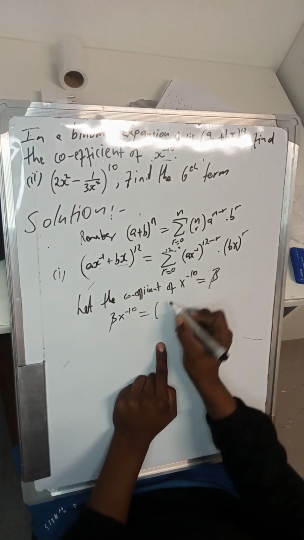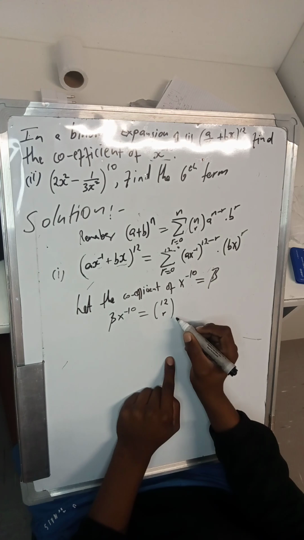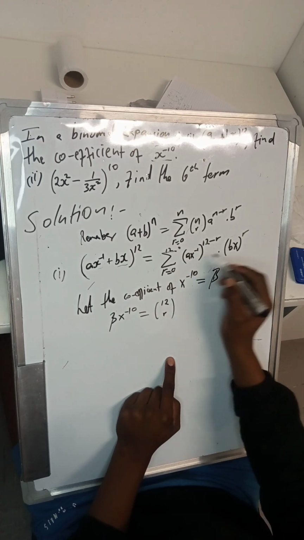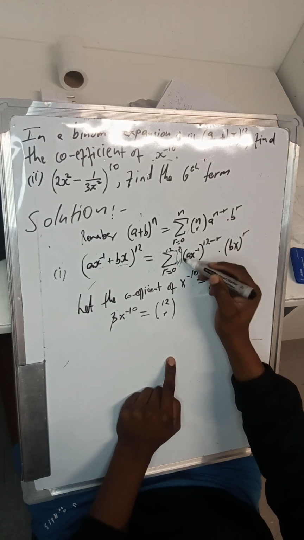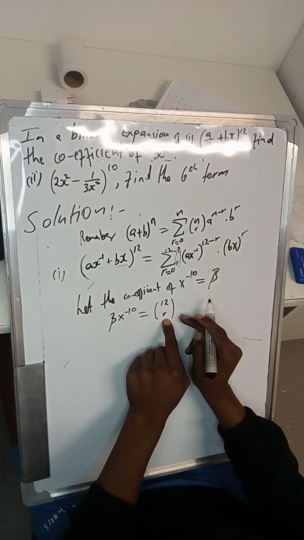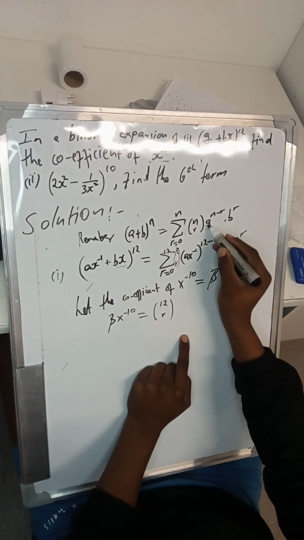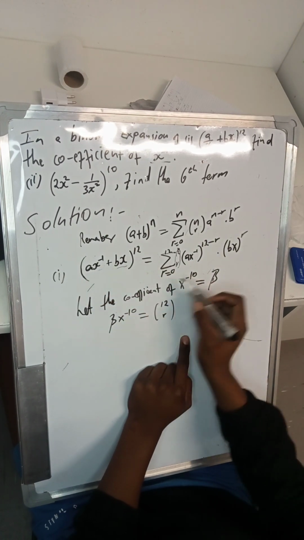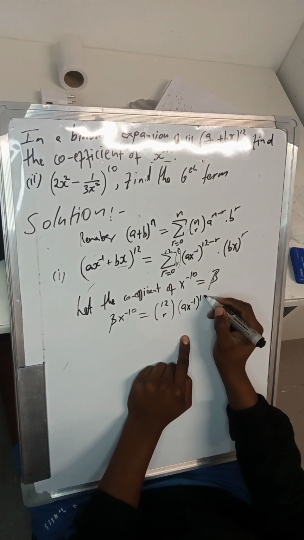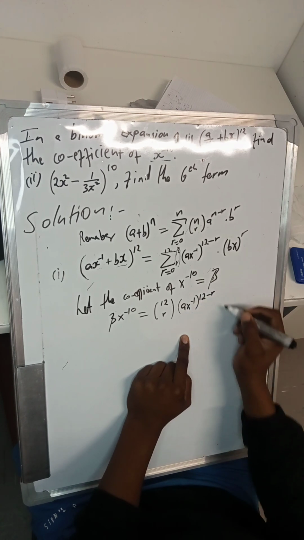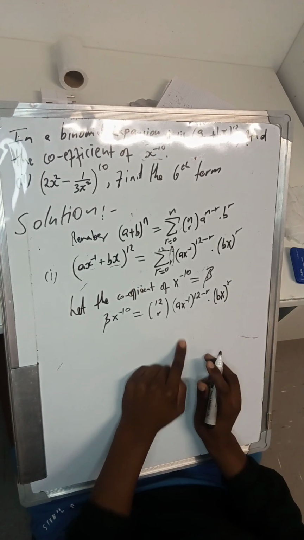This has to be equal to 12 choose r, but we don't know the value of r yet. Our a in this case is ax to the -1 all raised to 12 minus r, times bx to the power of r.